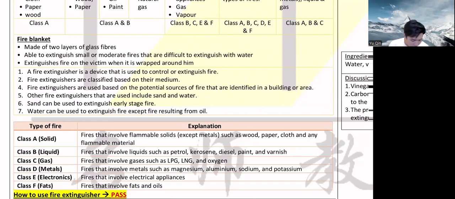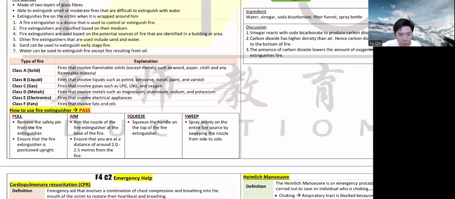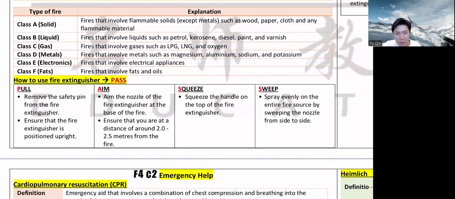Number two, metal is very sensitive, so usually there's not much choice, only carbon dioxide. Dry powder will be more suitable. And electronics, no liquid stuff. Okay, and fats is almost the same as class B. Fats are lighter, right? Or oil, basically. Okay, you good?